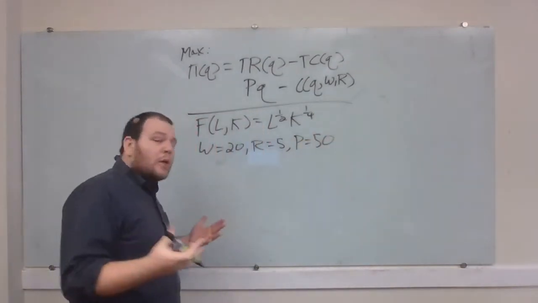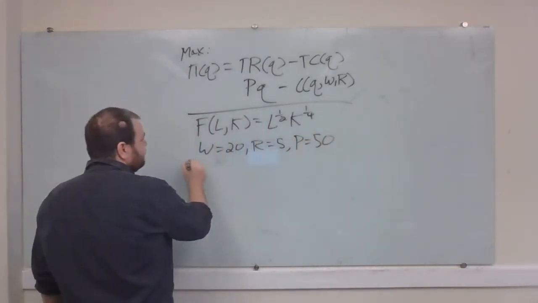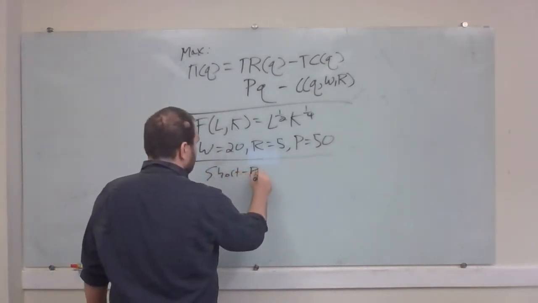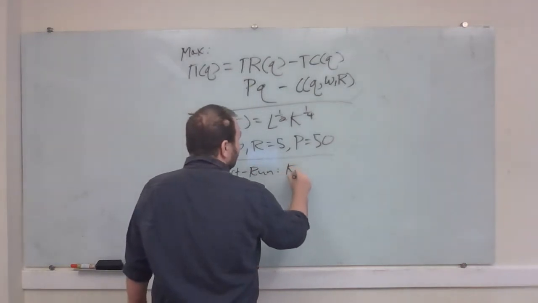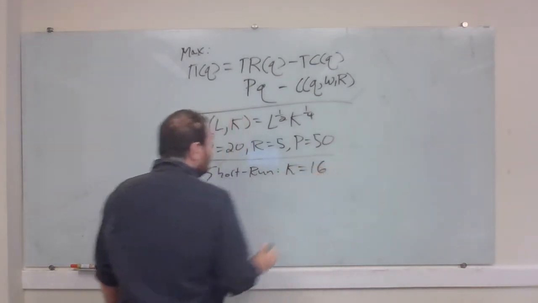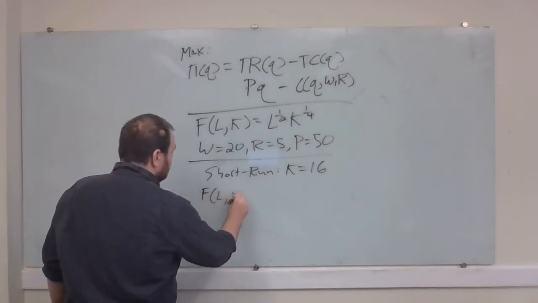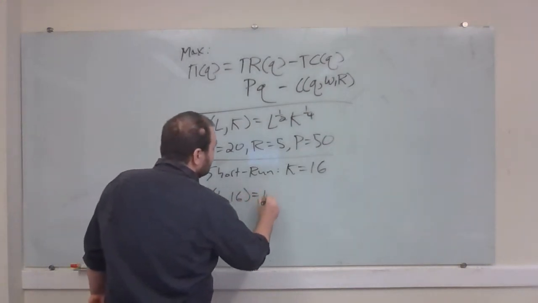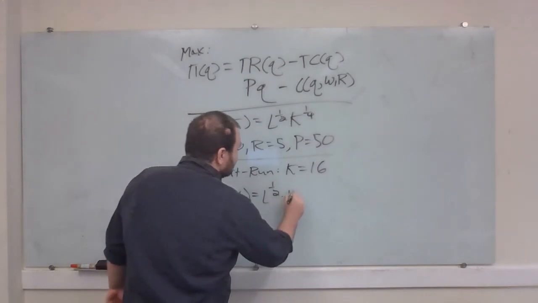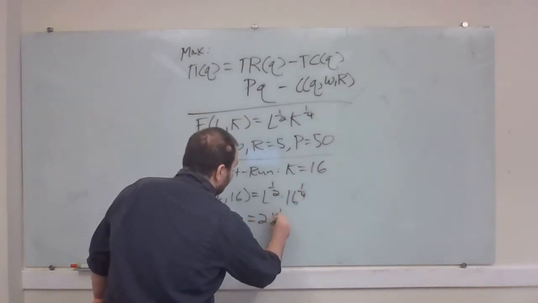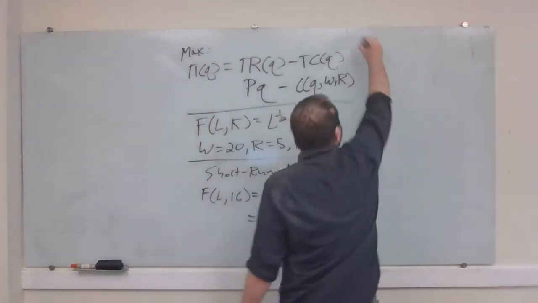And we can say that in the short run, let's imagine we have our capital fixed at 16, so that our production becomes L^(1/2) times 16^(1/4), or just 2L^(1/2). Great.